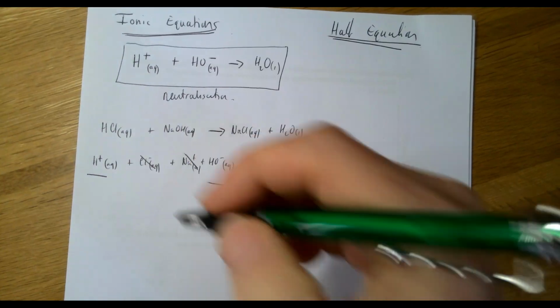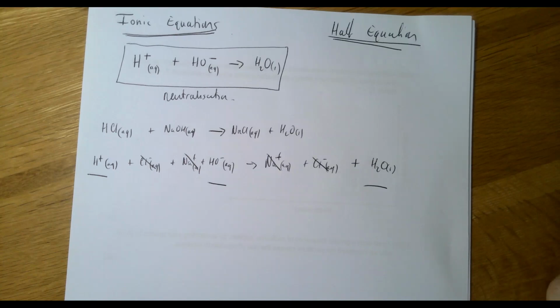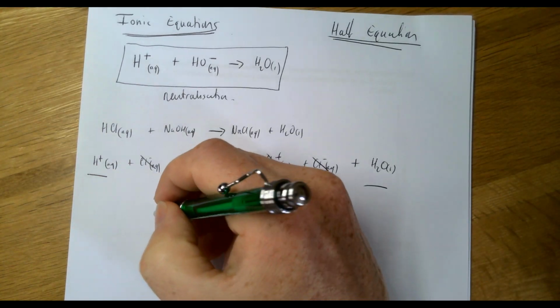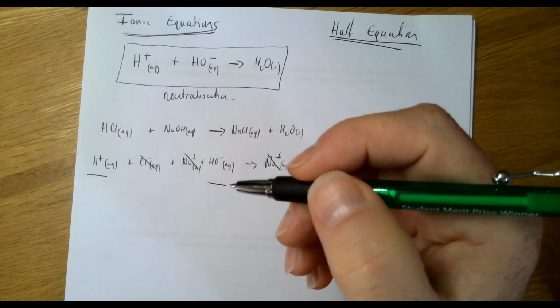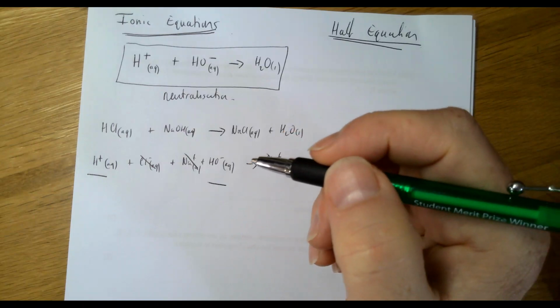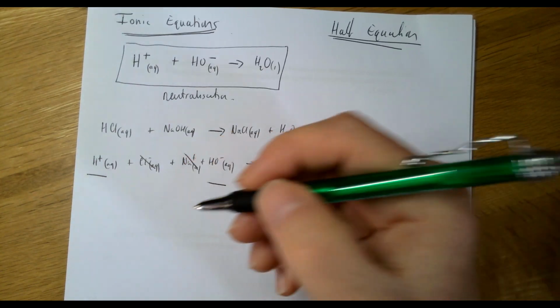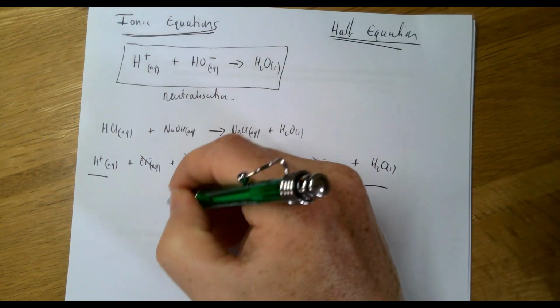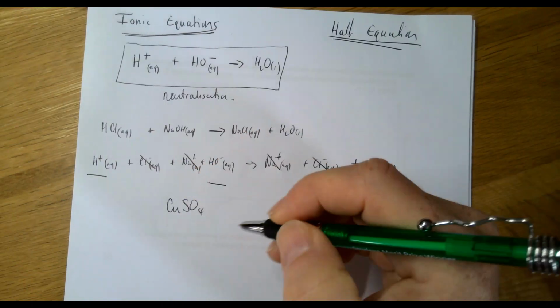Another example of an ionic equation you might see is when we do displacement reactions. You know that if you take a reactive metal like magnesium and put it into something like copper sulfate, the magnesium, being more reactive than copper, will displace copper from copper sulfate, giving you magnesium sulfate and copper.